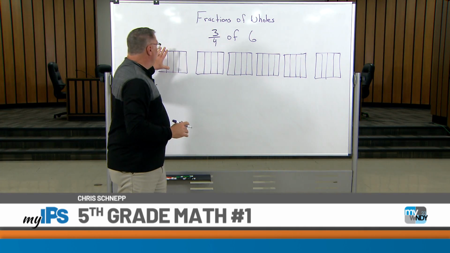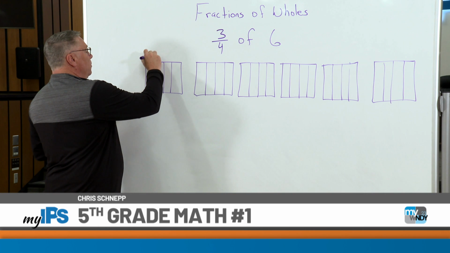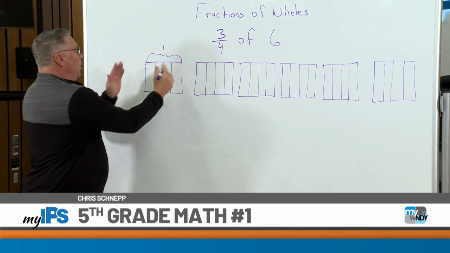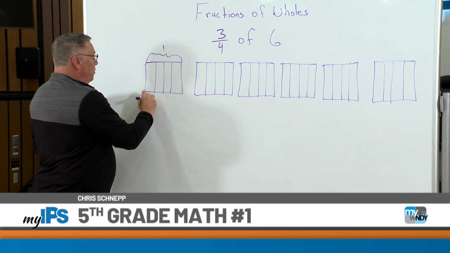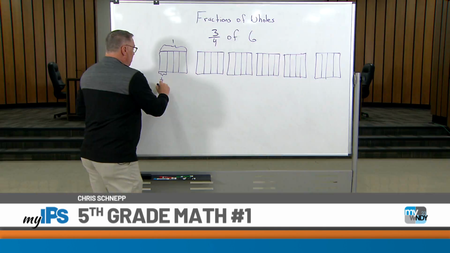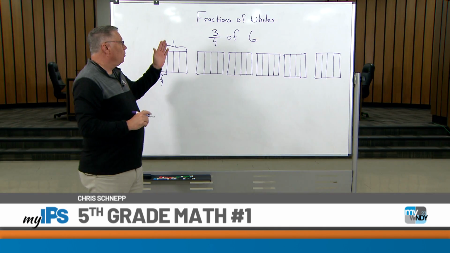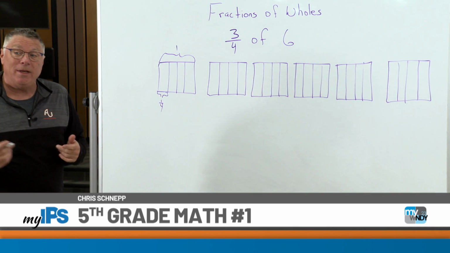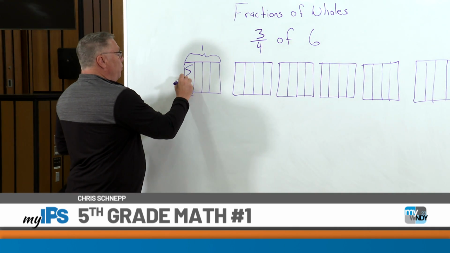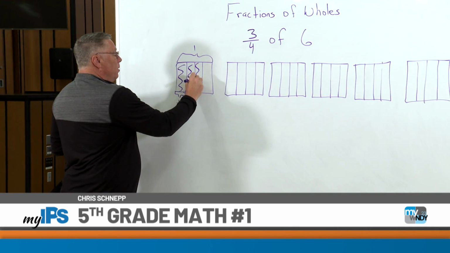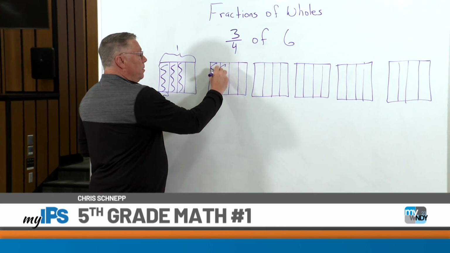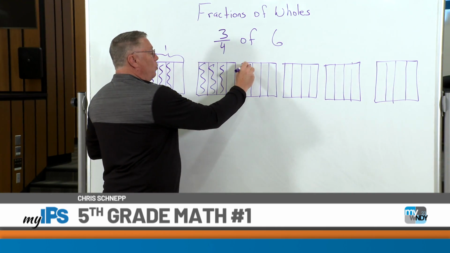Okay, so now we have our 6 wholes, so that the block represents a whole, and then each of these represents 1/4. All right, so we're looking for 3/4 of 6. So what we need to do is go through and shade in 3/4 of each square.